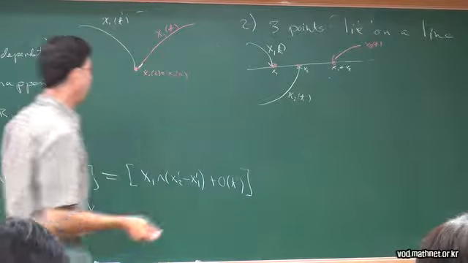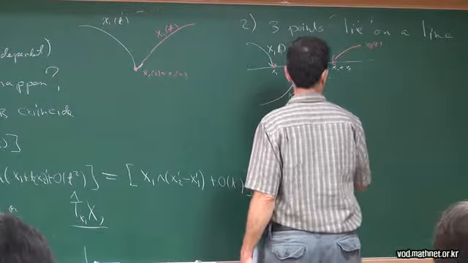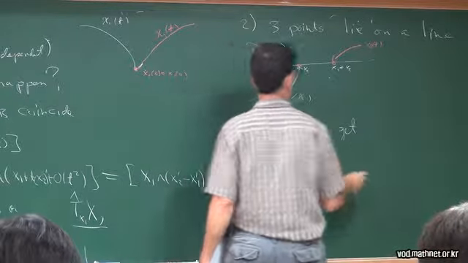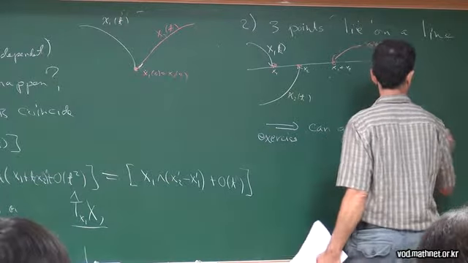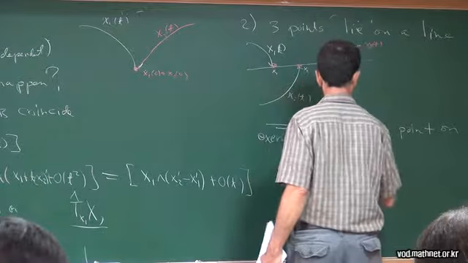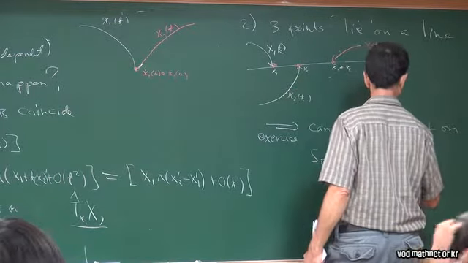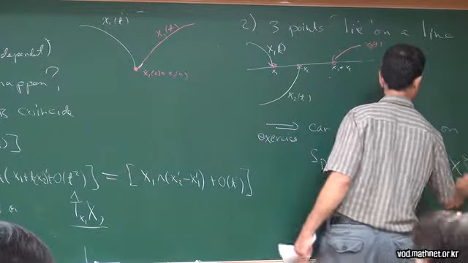And I claim in the limit, so I'll leave this as an exercise, could get any point on the span of the tangent space to x1 of x, the tangent space to x2 of x, and the tangent space to x3 of x.